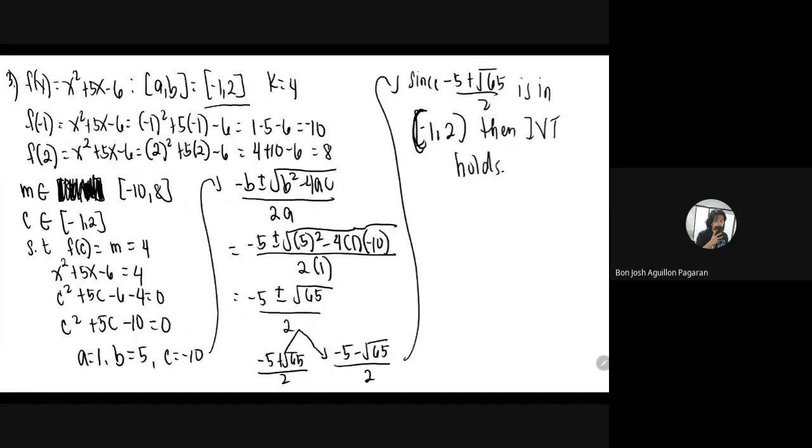Since negative 5 minus square root of 65 over 2 is not in the open interval, rather, negative 1, 2, then therefore we are going to disregard the other root. Ang kukunin lang naman natin ay yung negative 5 plus square root of 65 over 2. I think that is approximately positive 1.53, while the other one is approximately negative 6.53.